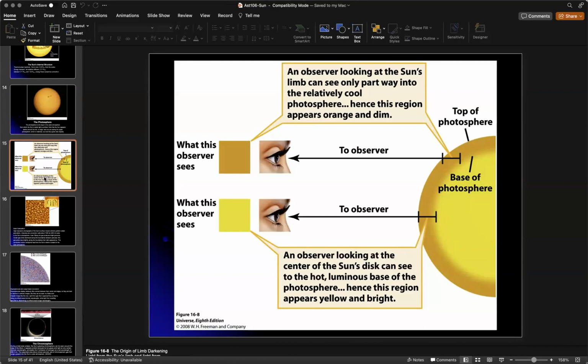Towards the center, it has to travel through less thickness of the cooler photosphere, whereas near the periphery, it has to travel through larger thickness of it. And that is what causes the differentiation in the shades that we see.